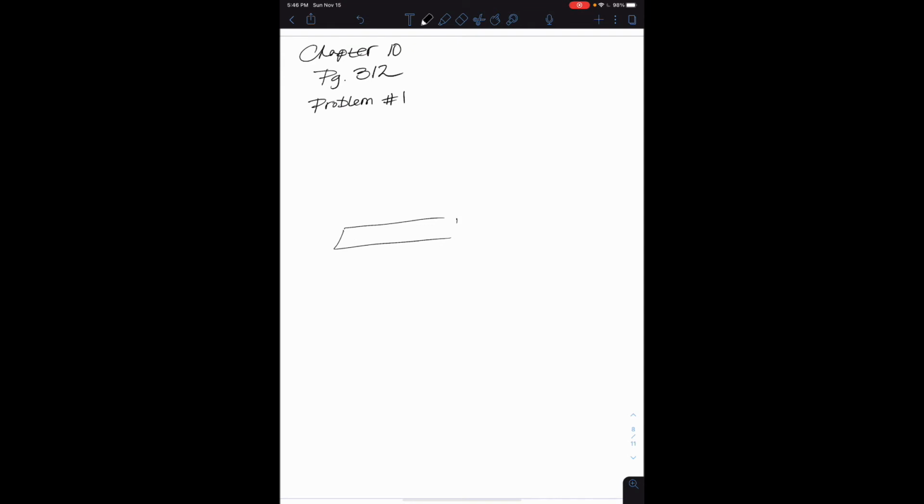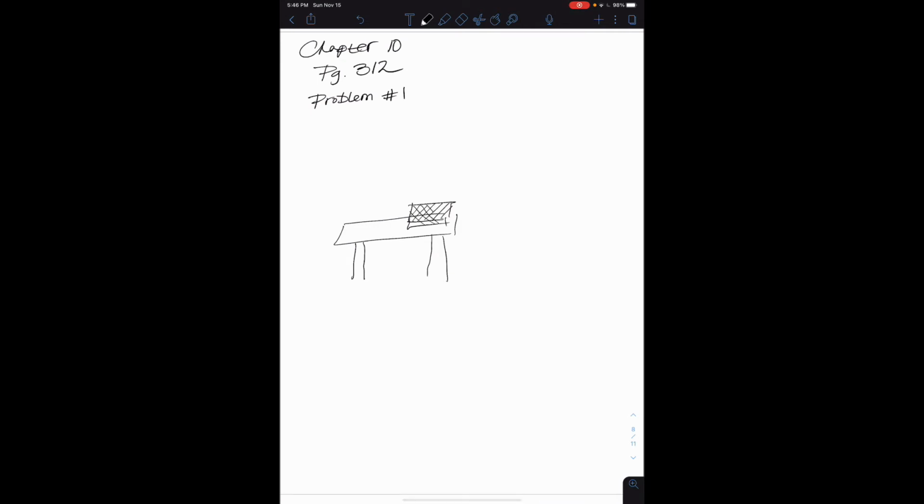Just go ahead and draw that really quick. Yeah, this will be my table. Okay, so here's the book. And kind of looks like a book.